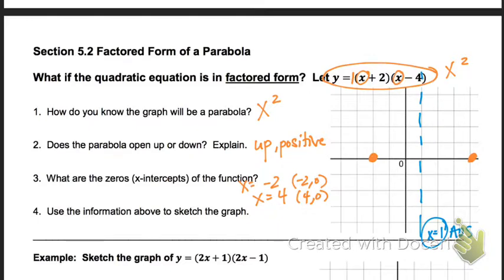To find my vertex, I'm going to plug in 1 into my x value up here. So 1 plus 2 times 1 minus 4, which would be 3 times -3, which is -9.